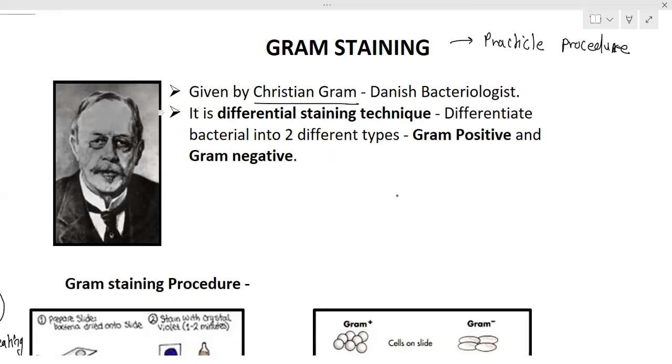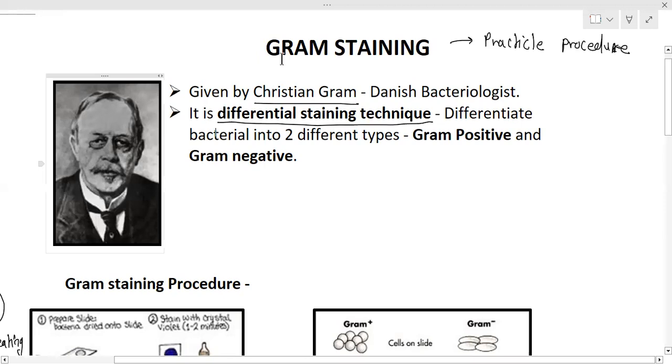He discovered this technique, and very importantly, this term is very important: it is a differential staining technique. Differential means it can categorize bacteria into two different types. I will apply the same procedure, but I will get some bacteria purple and some bacteria pink.